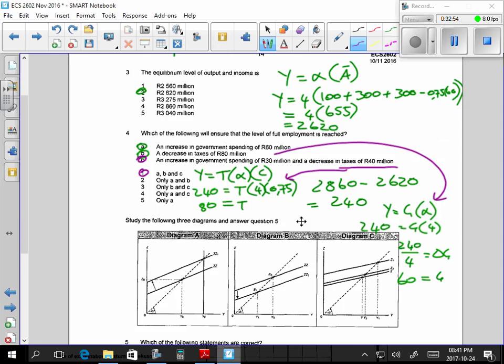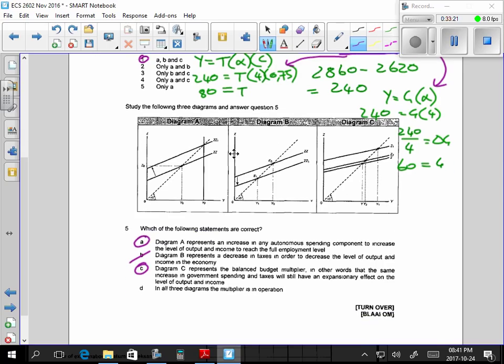We've shifted up by the change in government expenditure. We've shifted down by the change in tax. Even though they're the same amount, so government expenditure increased by 100, taxation increased by 100, there is a difference between the two because we multiply the change in tax by the MPC. Okay, so it lessens the effect.